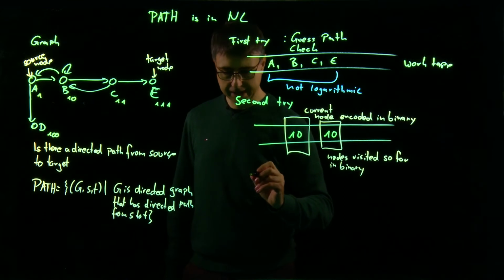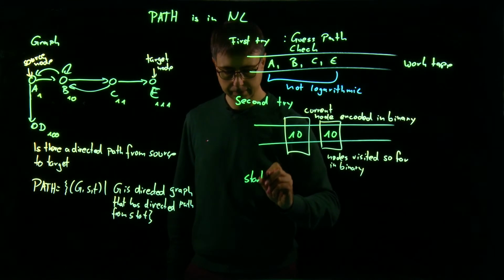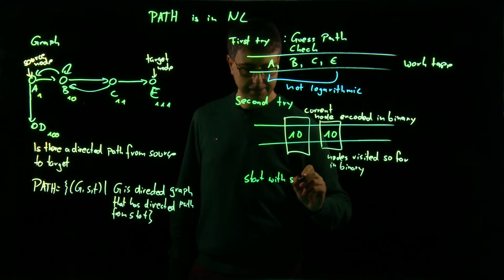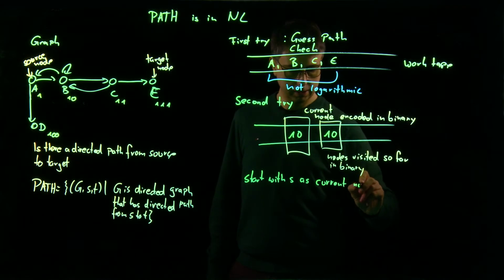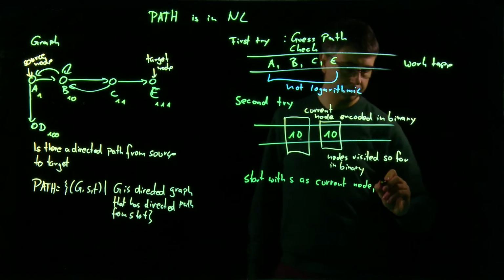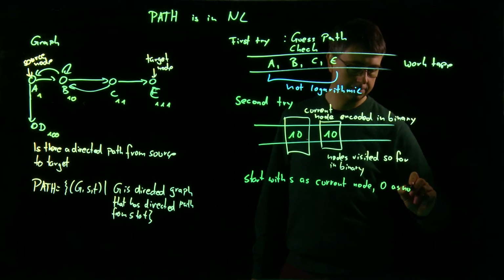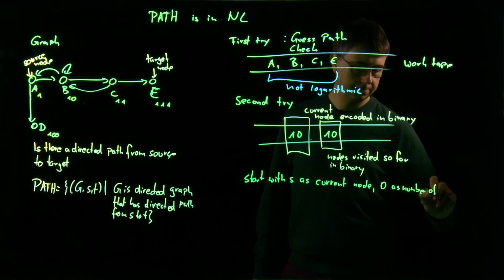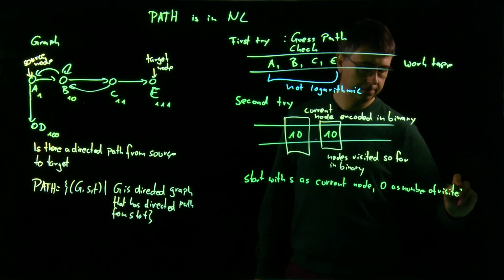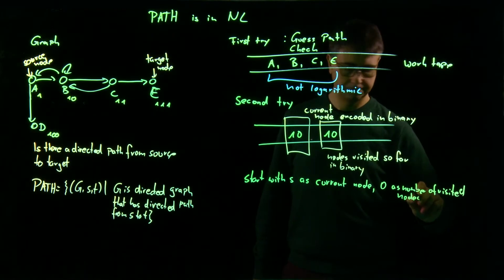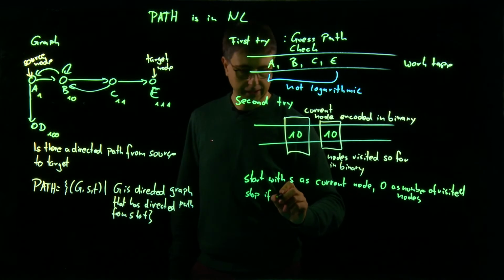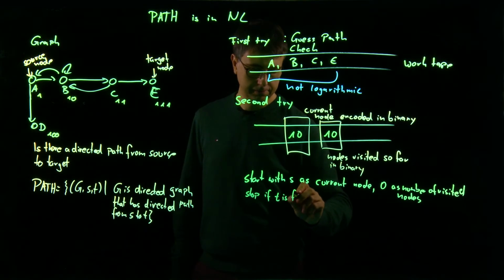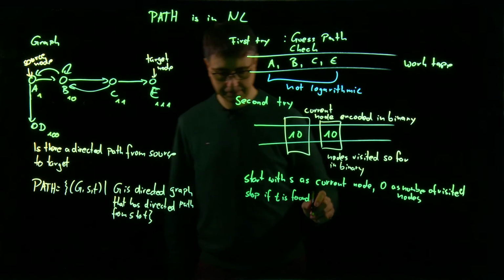And we start with S as current node and 0 as number of visited nodes. Then we stop if T is found, and accept.